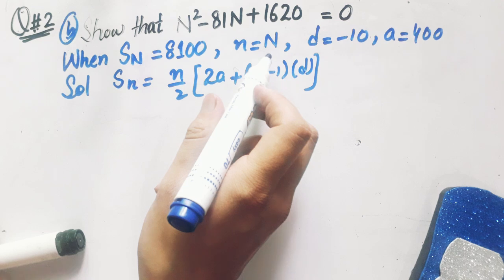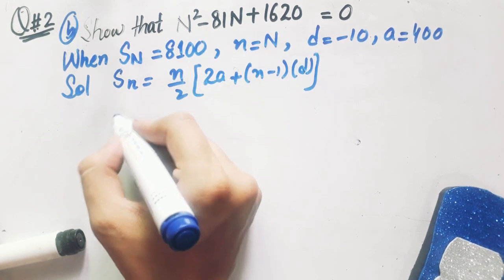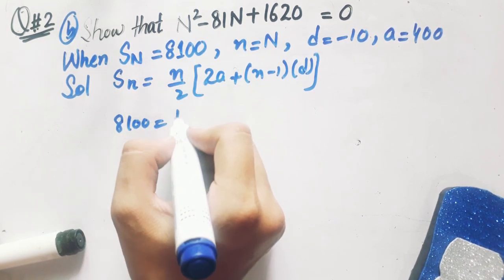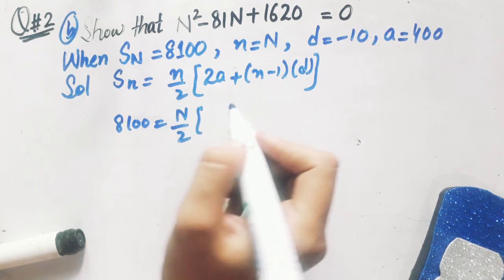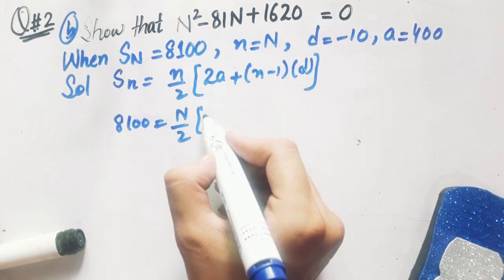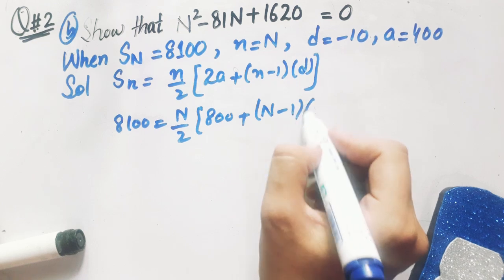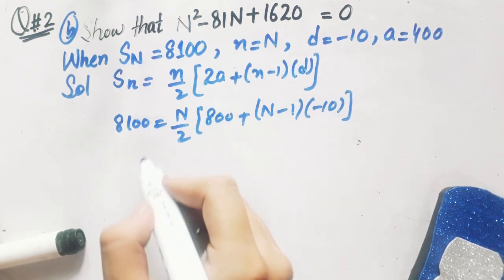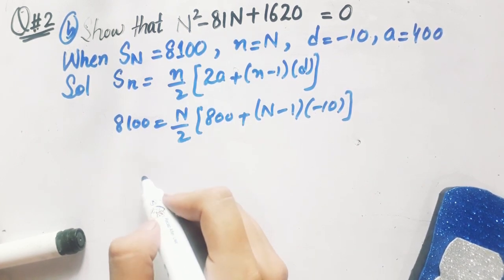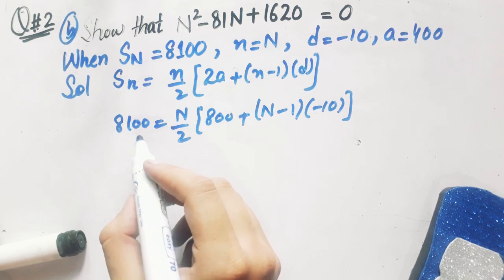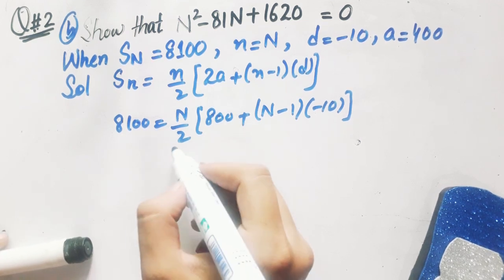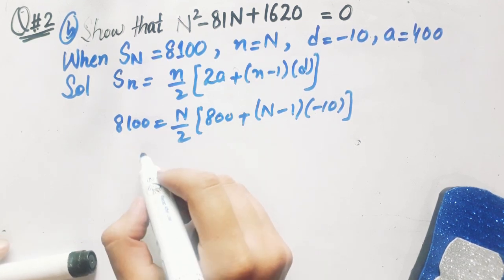So small n is equal to capital N, it means this is equal to 8100 and this is n by 2. 2a means 400 multiply 2, that is 800, plus capital N minus 1 and difference is minus 10. So now 2 is multiplied by this one, or first we solve this further.